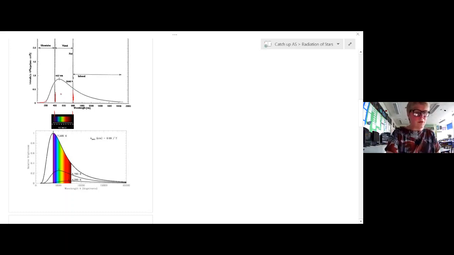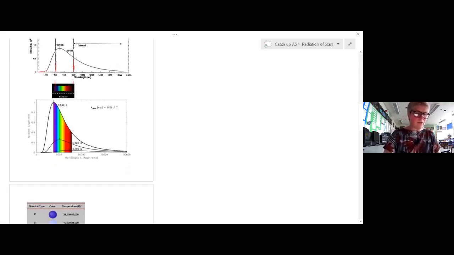So you can see with this particular distribution of wavelength, there are roughly equal amounts of blue, green, yellow and red. They don't have to be exactly the same, but you've got a bit of all radiations in the visible spectrum, and therefore we can say it's a white star.